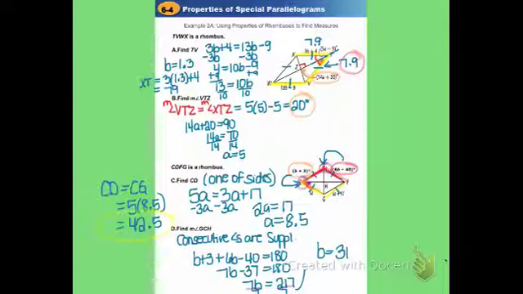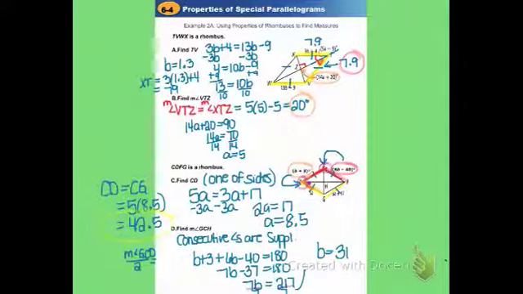So actually I can find the entire angle that's here at the vertex C. So I can find the measure of angle GCD, but then I can take that and divide it by 2, and that'll give me the measure of that angle that's highlighted, because remember the diagonals are bisecting those angles at the ends.